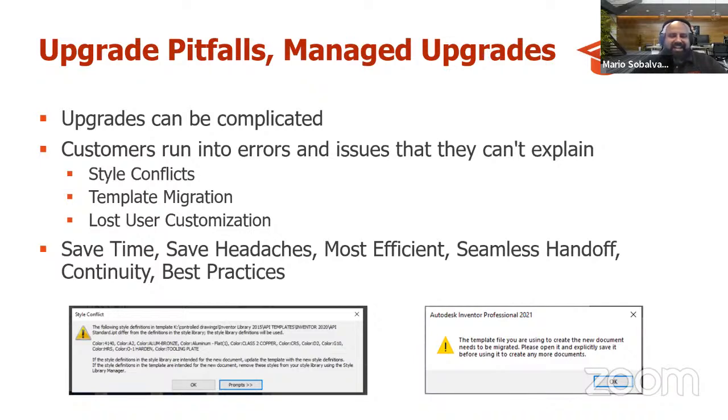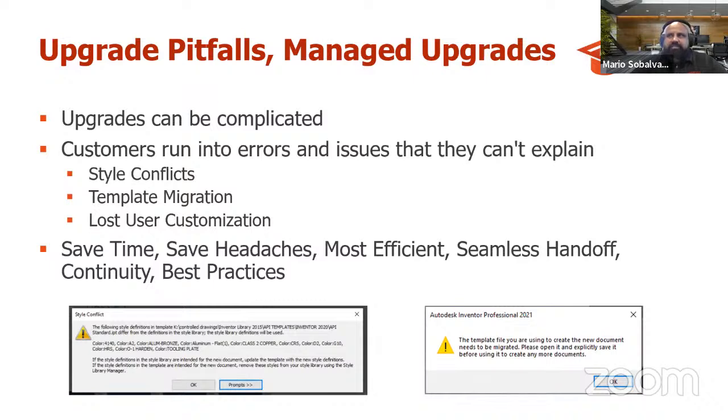We can't access our Vault user interface because the configuration files were not transferred over with all the user customization for that. Styles haven't been migrated. A variety of things pop up there.